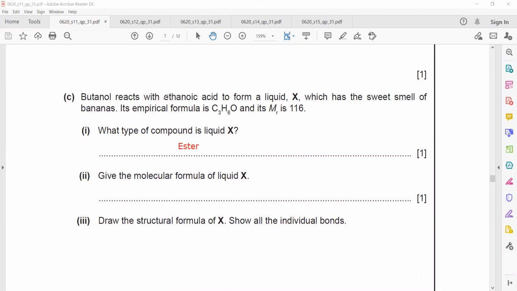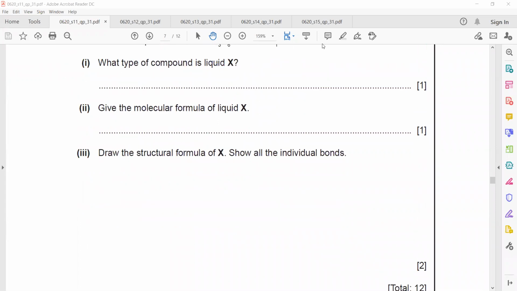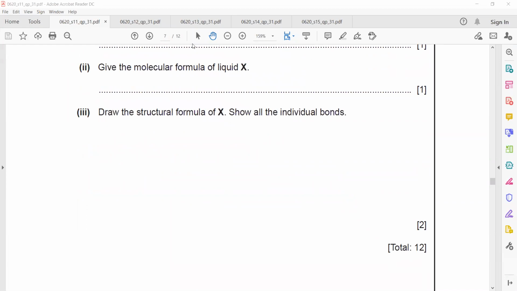And you have to draw the structure when butanol reacts with ethanoic acid. So the alcohol will form butyl ethanoate. So for butyl ethanoate, we have to draw the structure. But means 4 carbon.